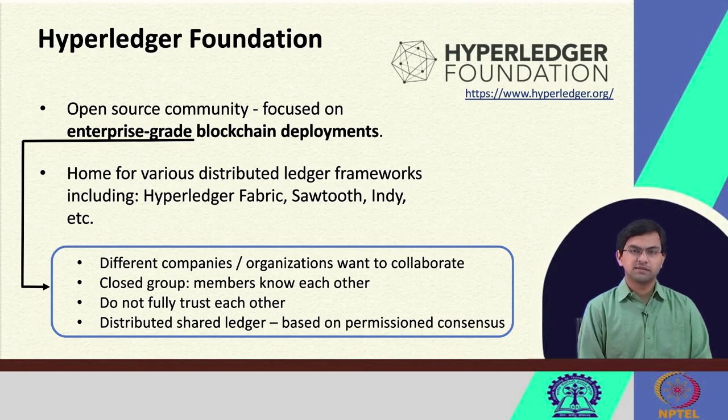The important point is that these organizations don't fully trust each other, and there is no central trusted authority which can be used. As a result, these DLT platforms provide a distributed shared ledger based on permissioned consensus protocols.